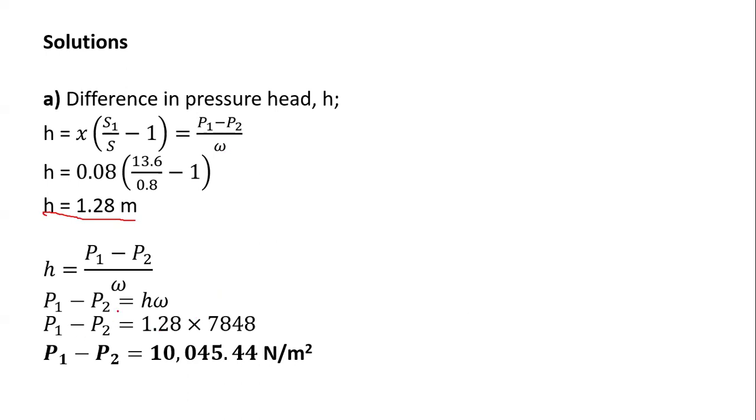So P1 minus P2 is equal to that height multiplied by the specific weight. So 1.28 times 7848. And our answer is 10.04 kilopascals, 10,045.44 newtons per square meter.